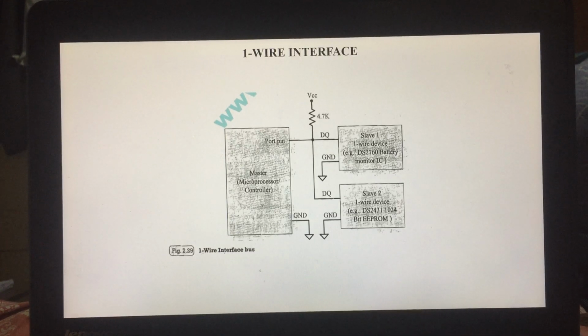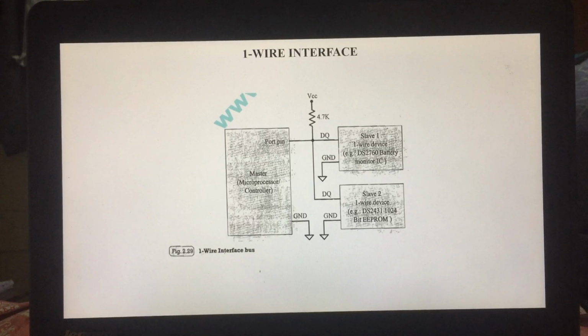The communication over one-wire bus is divided into time slots of 60 microseconds. The reset pulse occupies 8 time slots. To start a communication, the master asserts the reset pulse by pulling the one-wire bus low for at least 8 time slots.